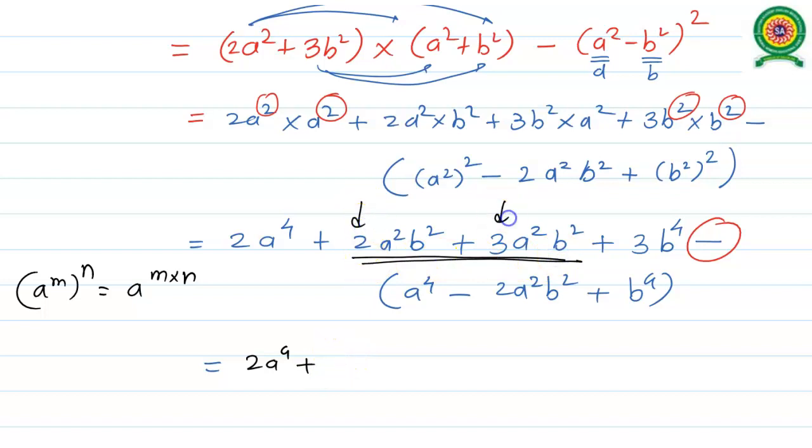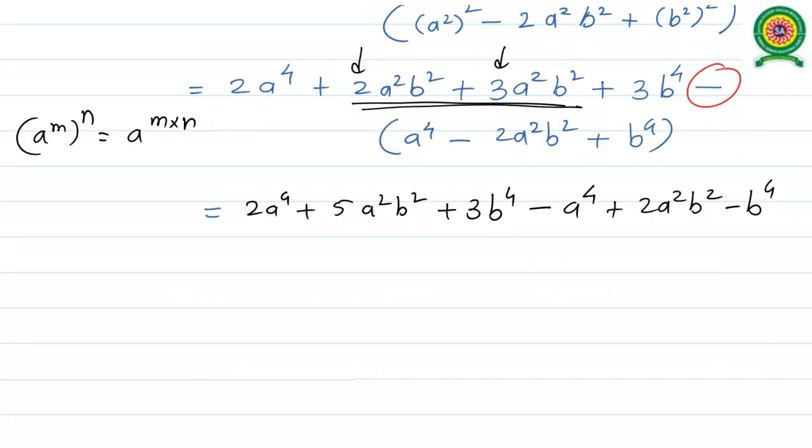2 plus 3, we have 5 a square b square as it is, plus 3 times b raised to 4, minus a to the power 4, minus minus becomes plus 2a square b square, and plus minus gives minus b to the power 4. Now try to simplify.